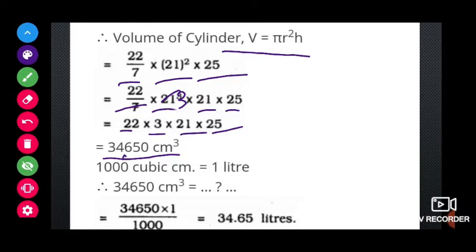As we know already, 1000 centimeter cube is equal to 1 liter. So 34,650 centimeter cube is equal to 34,650 divided by 1000. That is 34.65 liters we will get.